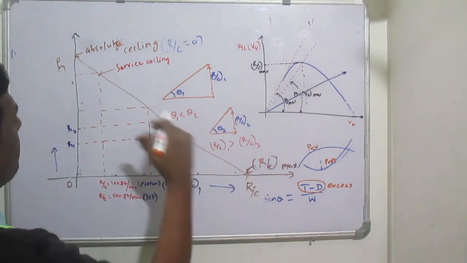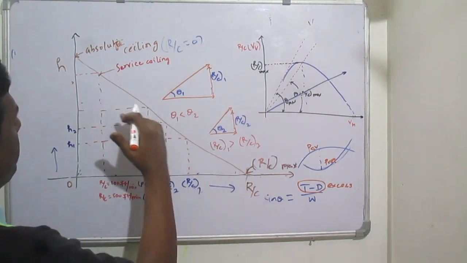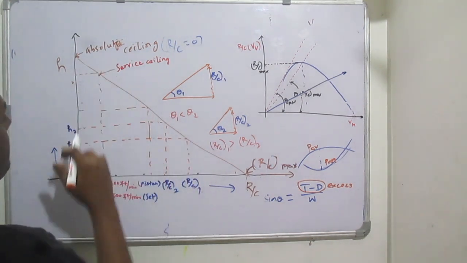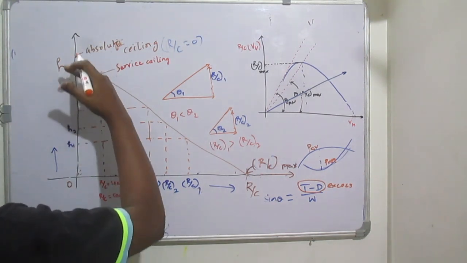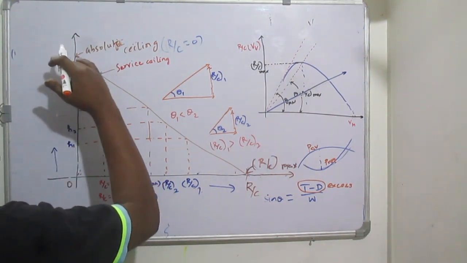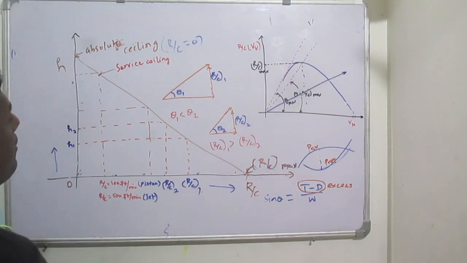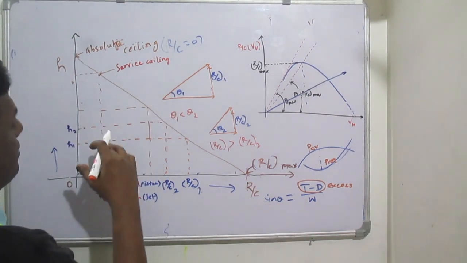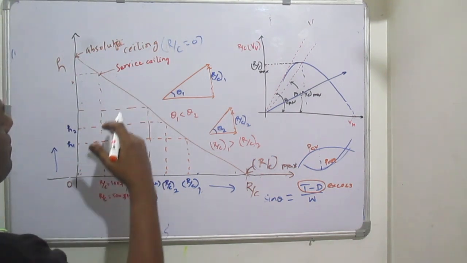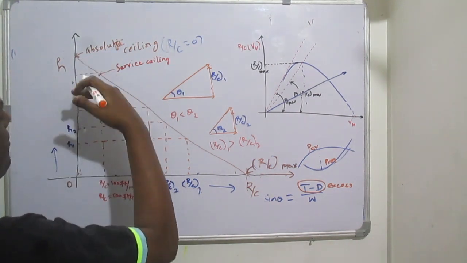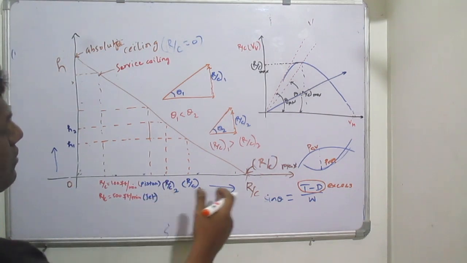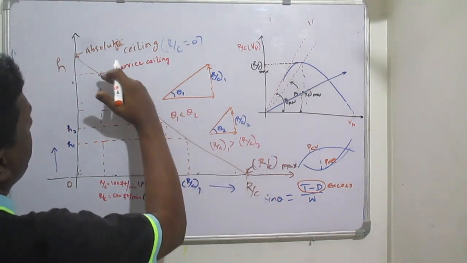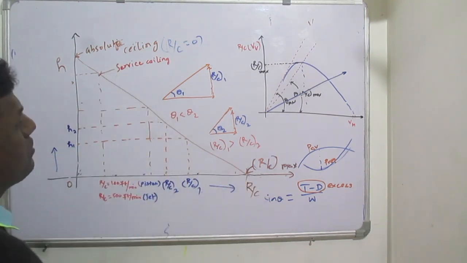The flight can climb only up to the service ceiling, because beyond the service ceiling it may reach dangerous or unsteady conditions, so it is not advisable to fly beyond it. From the maximum rate of climb, it can go only up to the service ceiling.